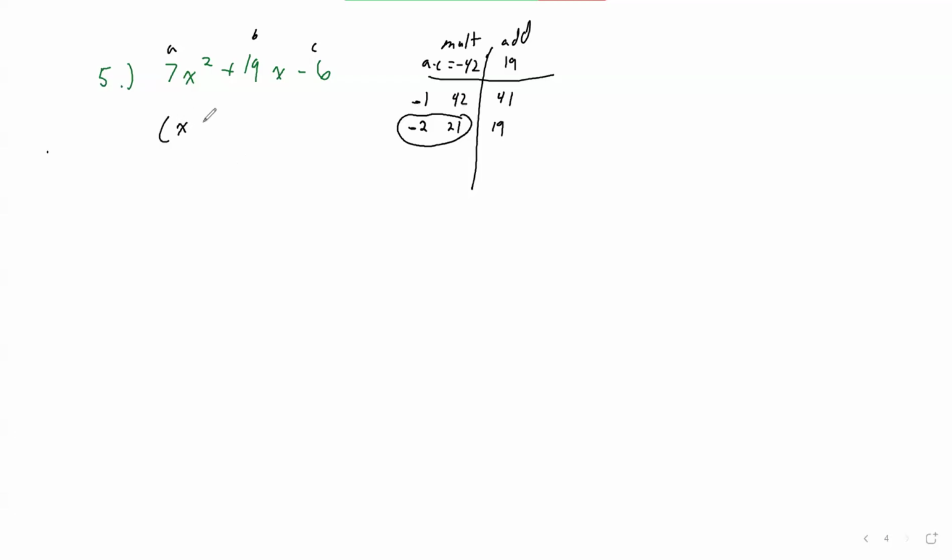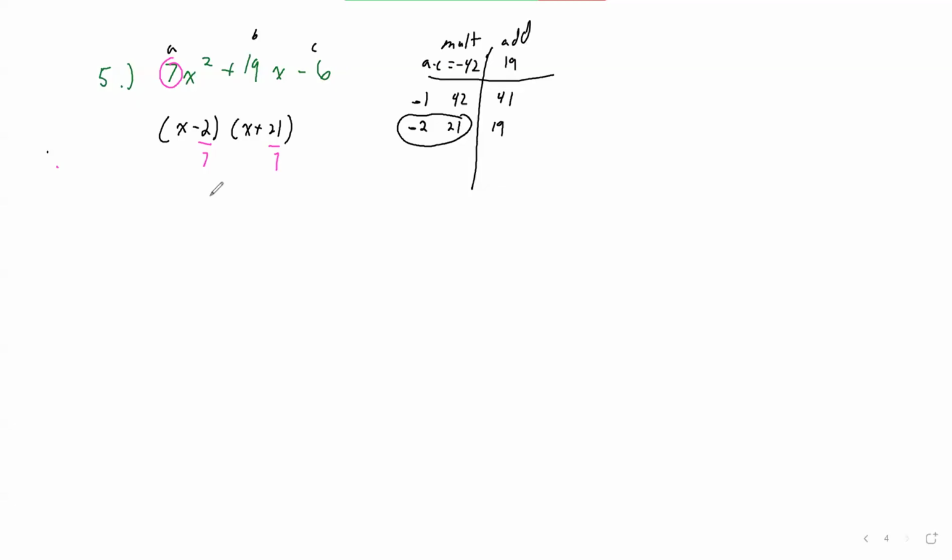So then I get x minus 2, x plus 21. Am I done? I gotta do what? There we go. So I'm going to take that 7, divide each one. Can I reduce 2 over 7? Yeah.